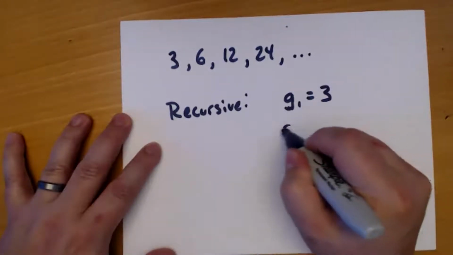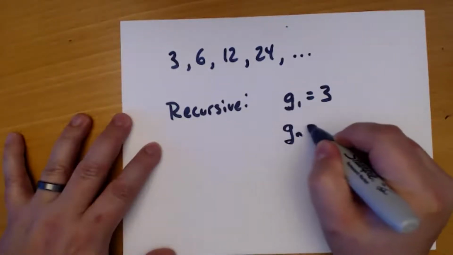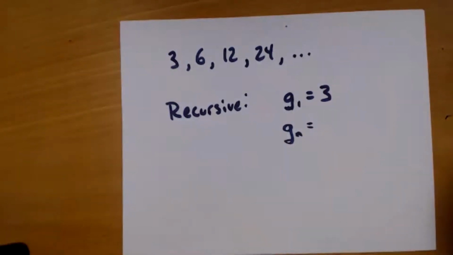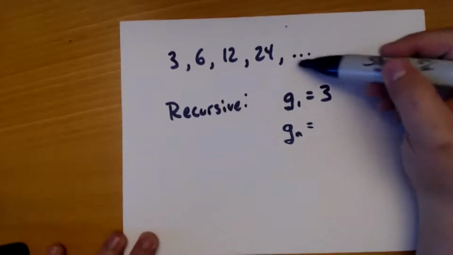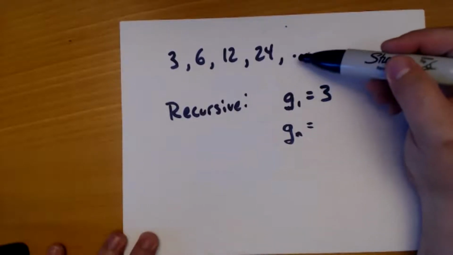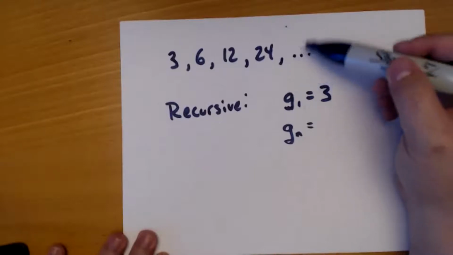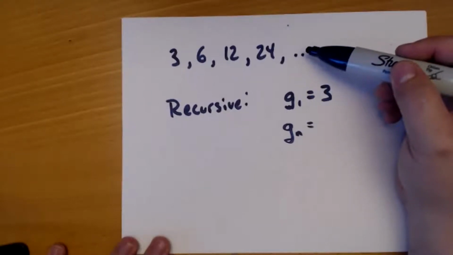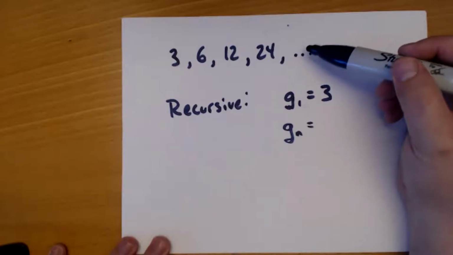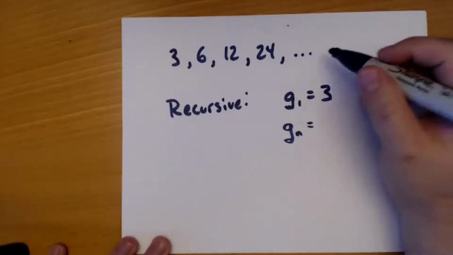Now, what I want to say is, for the nth term of a geometric sequence, how do I get that next term? Like, how would I get 48 right here? If I was going down the line, how do I get 48? You'd multiply 24 by 2, which would be the 5th term. Right.